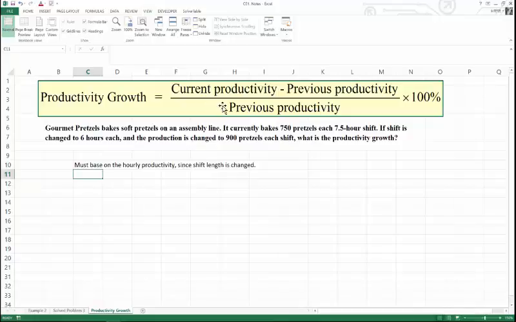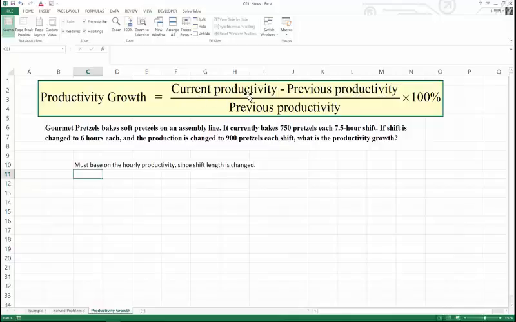Is the current productivity the 750 pretzels on the 7.5 hour shift? Although this is what happens right now, when we plug into this formula for the productivity growth calculation, this represents the previous productivity.